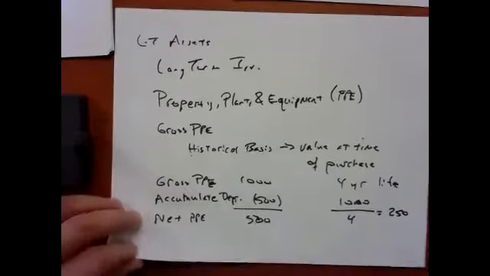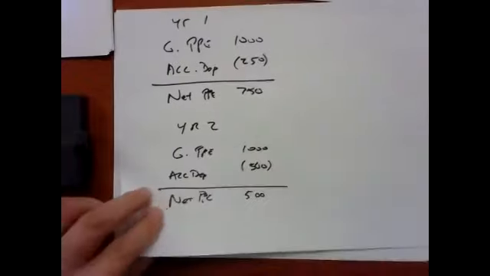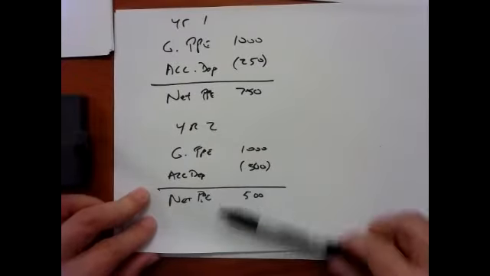So that's pretty much our long-term assets. The big long-term assets are financial assets, which are carried at fair market value, and property, plant, and equipment. You remember, you need a gross line, you need accumulated depreciation, and then you need net PPE.